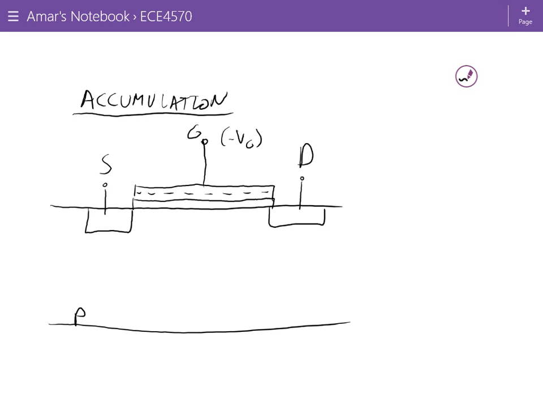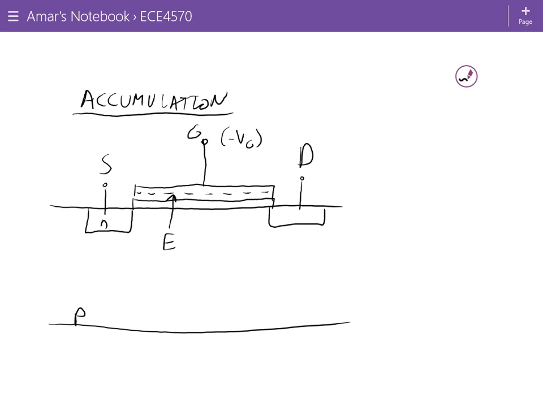Which way is the electric field going to point? Right, the electric field will point up instead of down. This is just the opposite of inversion. So in accumulation mode, we're putting a negative voltage on the gate. The electric field is pointing up, so what is that going to do to the holes and electrons in the substrate?